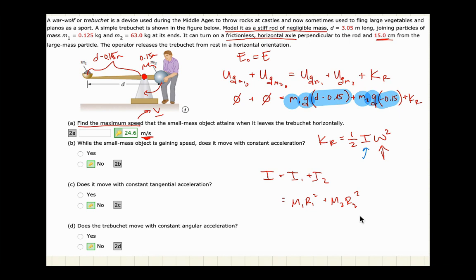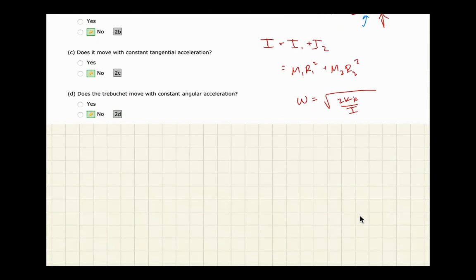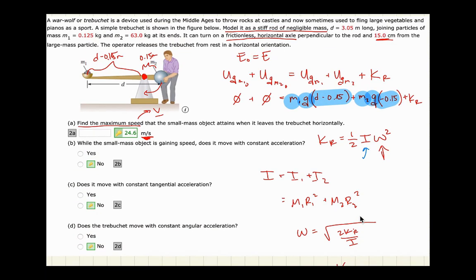Now I know I, and I would say omega equals the square root of 2Kr over I. And last step would be to say omega equals V over R, V equals omega times R, solve for V. And that would be my answer. So that's sort of the way that rotational kinetic energy can be worked into an energy conservation problem.